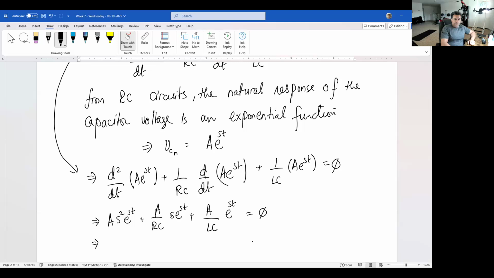So now what we are going to do, we are going to take A e to the power st as a common factor, and then in parentheses, we have s squared from the first term, 1 over RC times s from the second term, and 1 over LC from the third term equals 0.